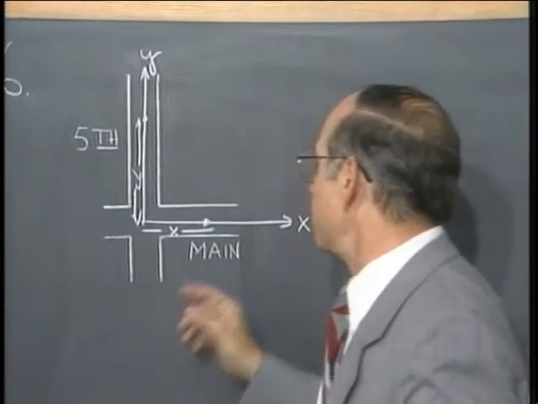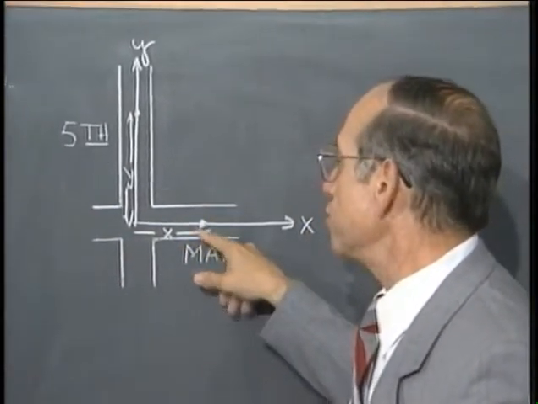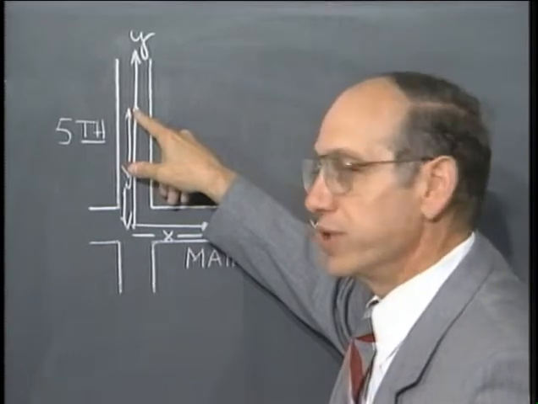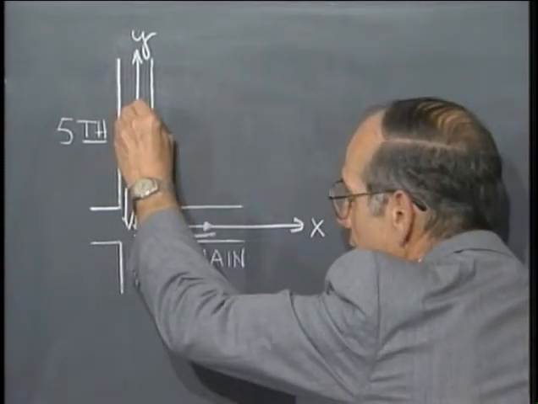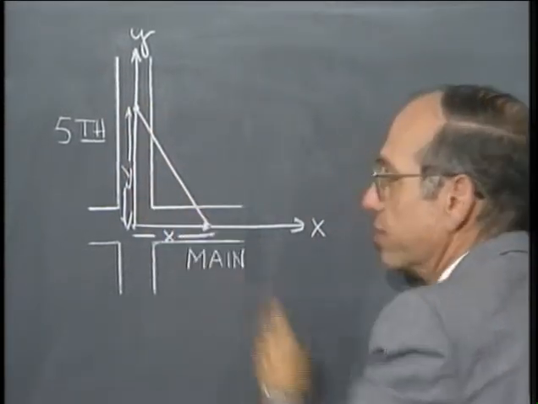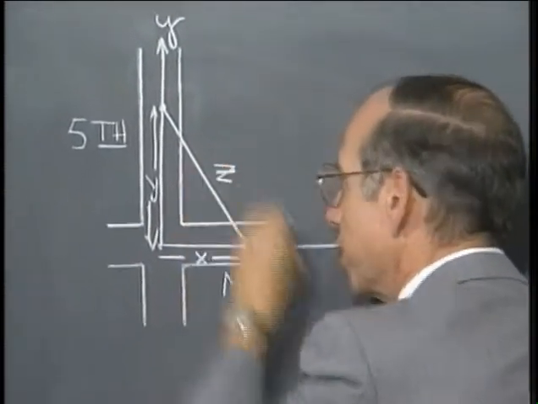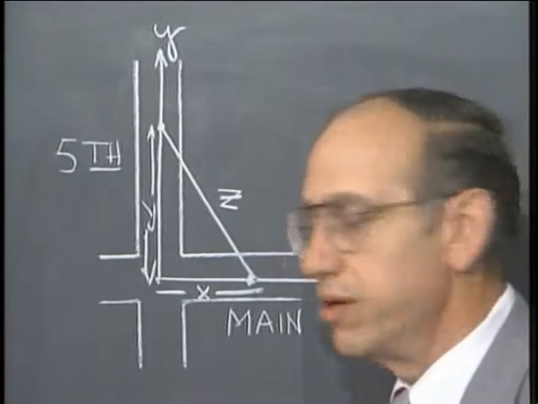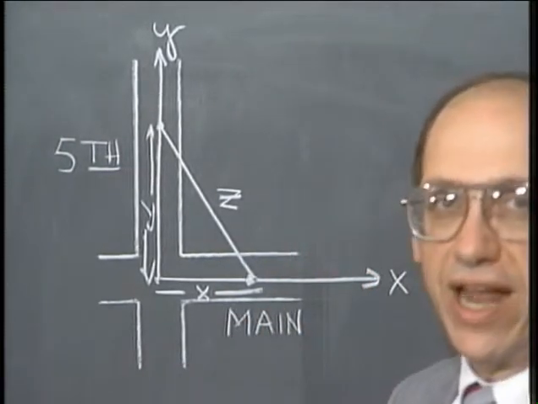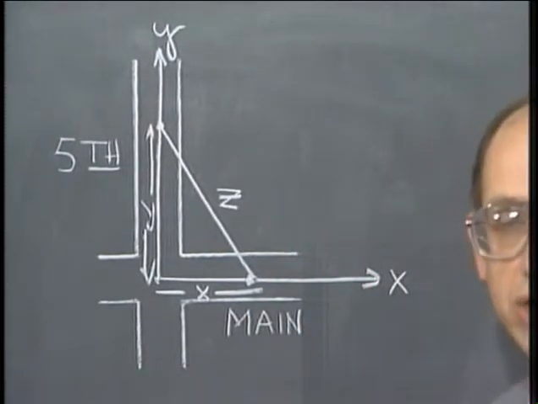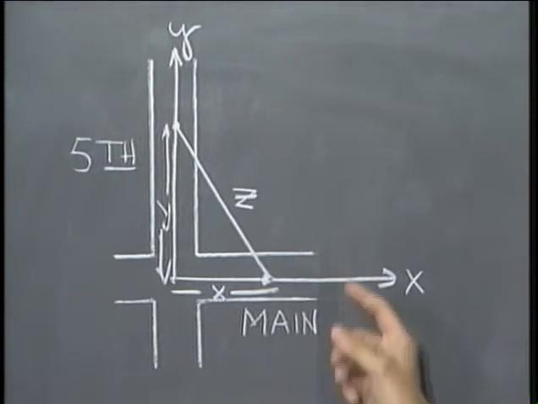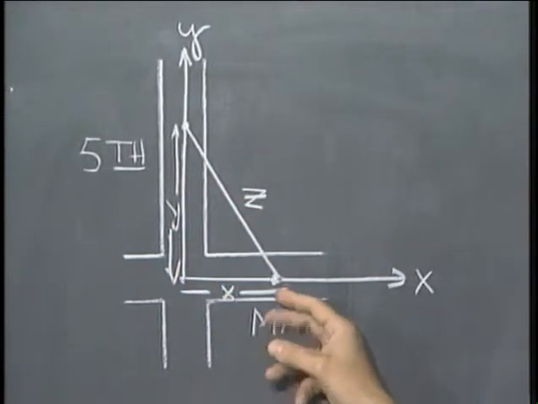And the distance between the suspect car and the police car is this diagonal distance, which I'll call z.